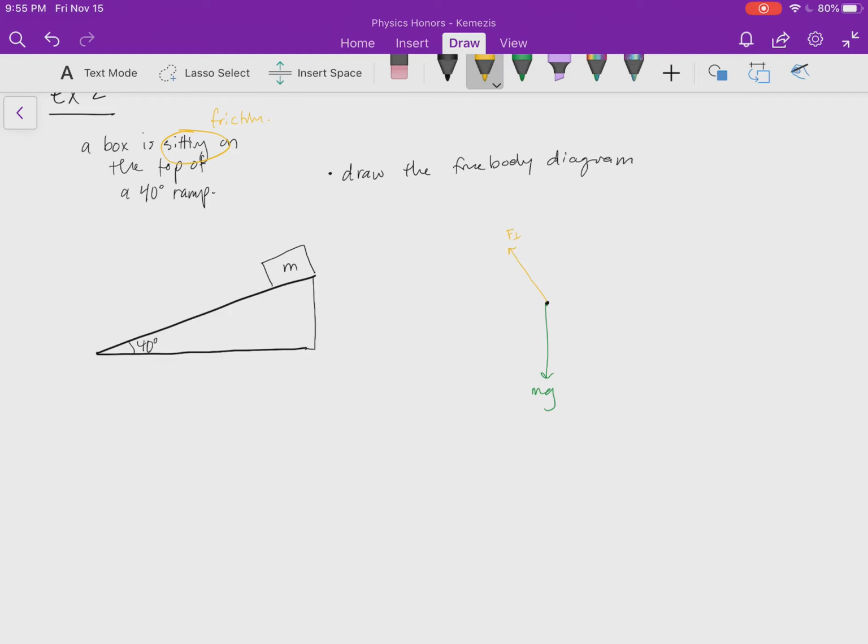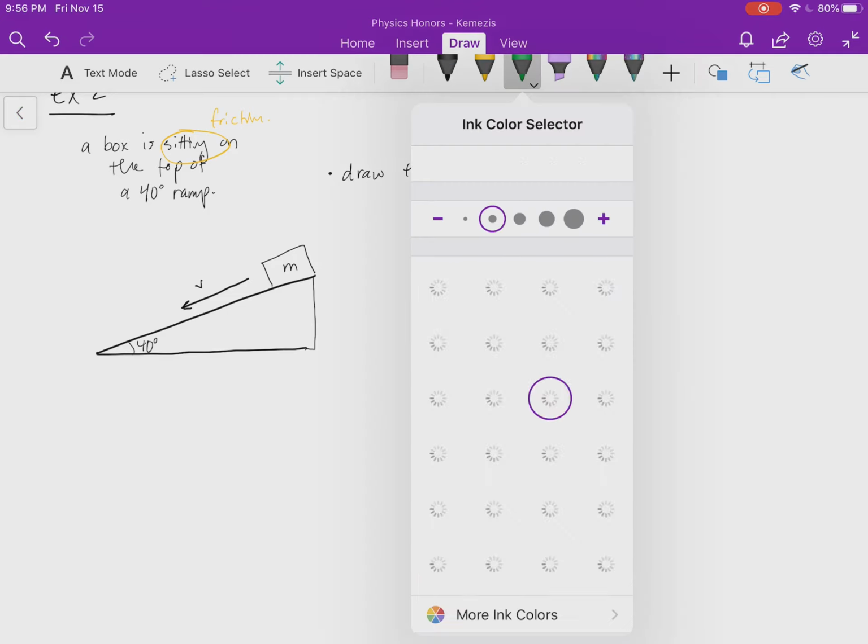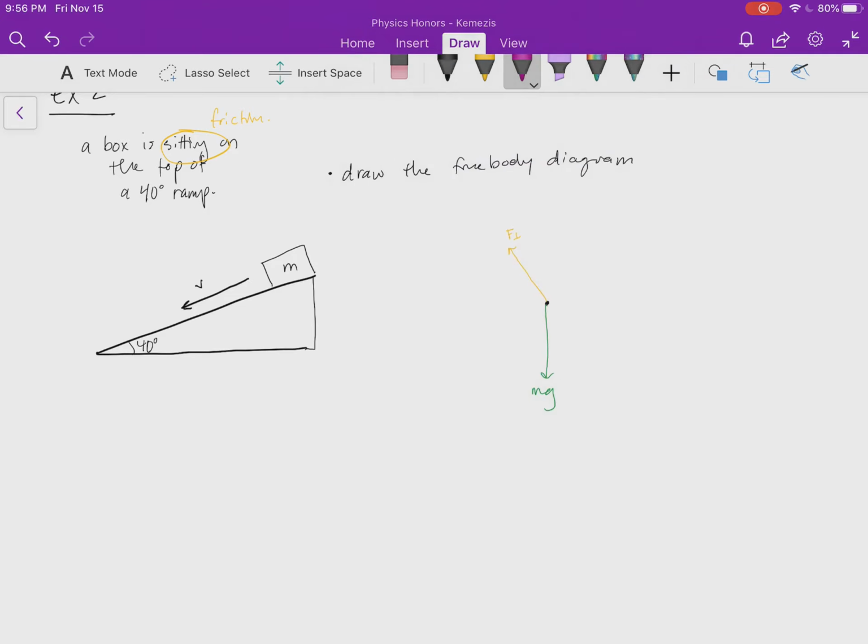When we are looking at this, if there was no friction, we would assume that the motion, the velocity and acceleration of this object would be down the ramp, parallel to the ramp. And remember that friction is in the opposite direction of motion or intended motion.